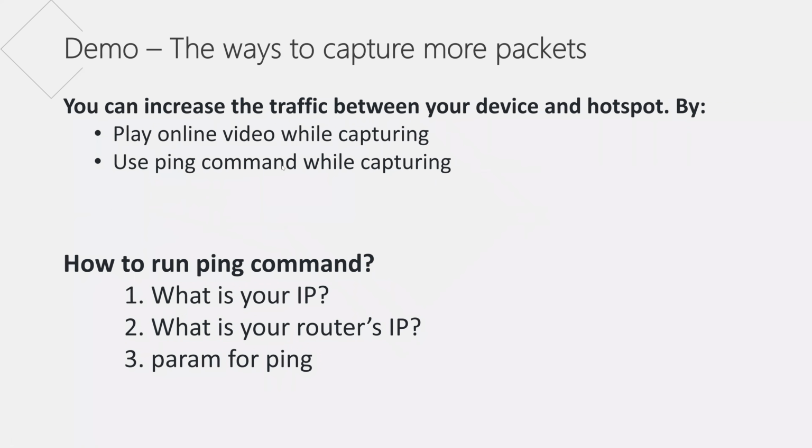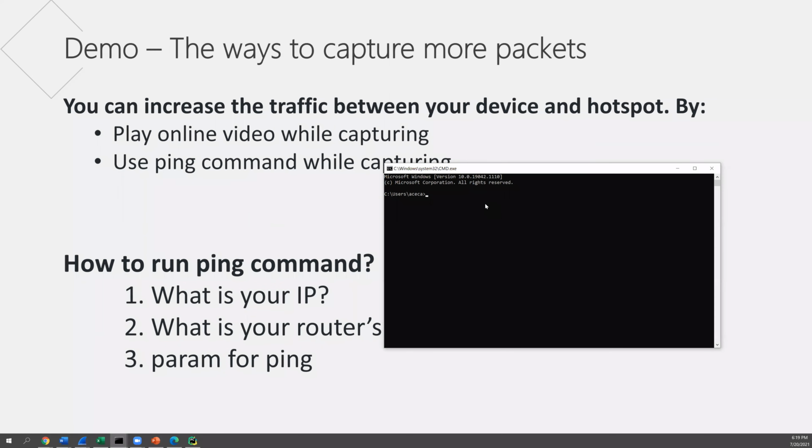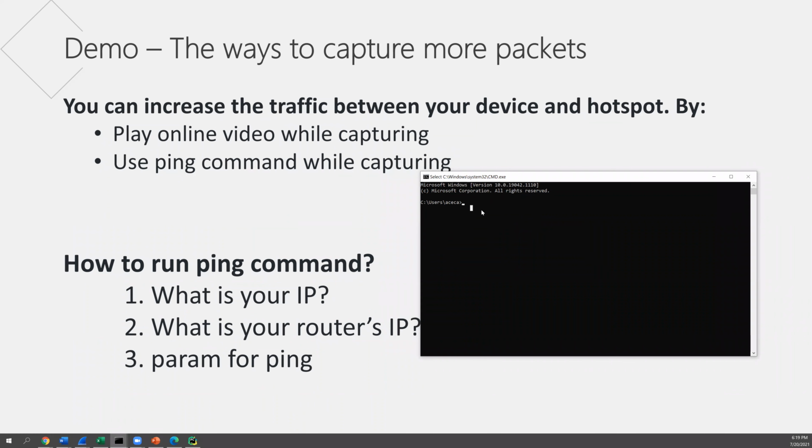But for the ping command, maybe I can tell you how to do it. First, run the command cmd here. The first thing is we need to figure out what your IP and your router's IP are, if you have already connected to your hotspot.